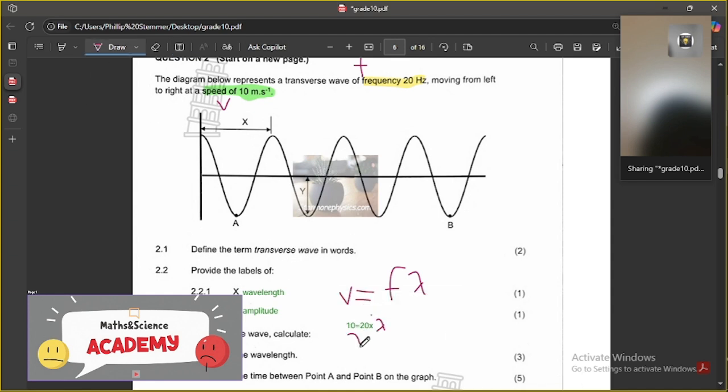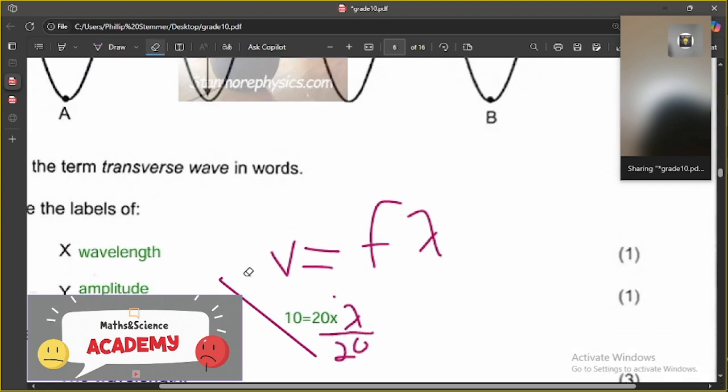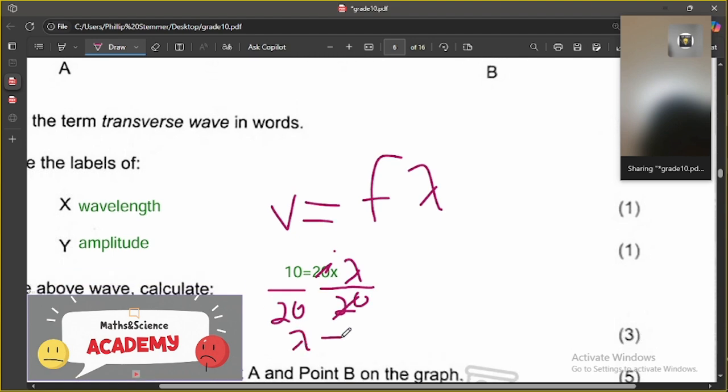And then we're going to make lambda the subject of the formula. We're going to divide by 20 on both sides. And therefore lambda is equal to 0.5 meters.